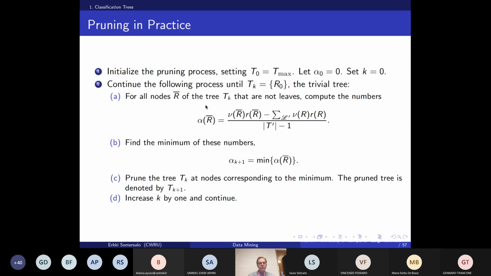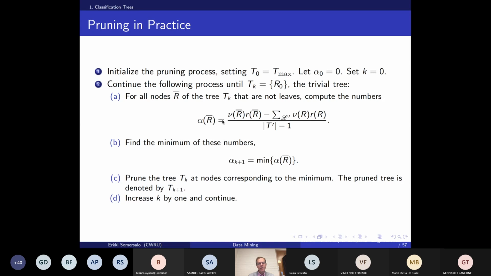And so what is the procedure? I have the tree in front of me, and I identify all the nodes which are not leaves. And then I calculate for each one of those nodes this alpha, which is the critical value of alpha for which the smaller tree starts to be a better tree.